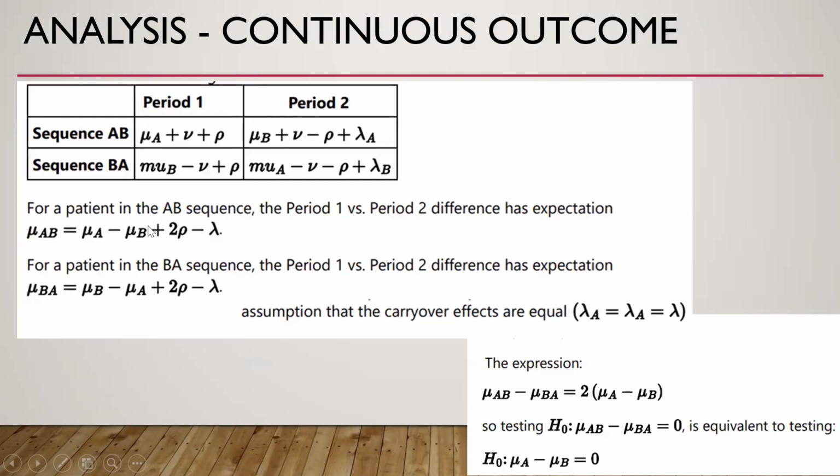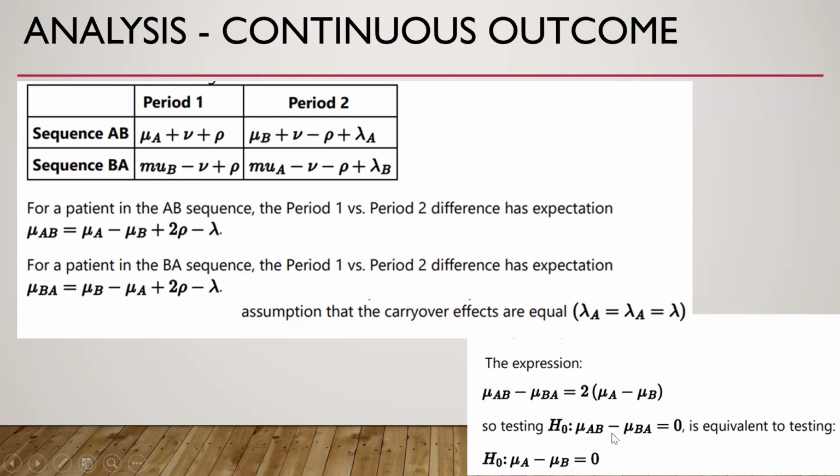So in case of continuous outcome, this is the nomenclature here. And the thing is that to estimate the difference between two treatments, the null hypothesis, it is similar to estimating the difference between the two sequences. So we can use either a paired t-test, I will show you later with an example, or an independent t-test between the results of two sequences.